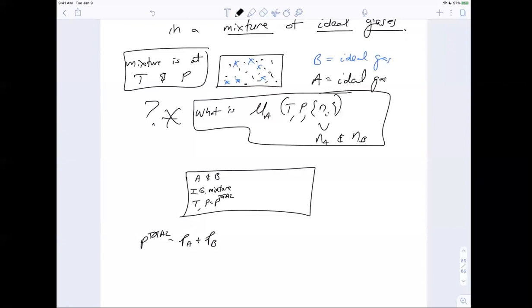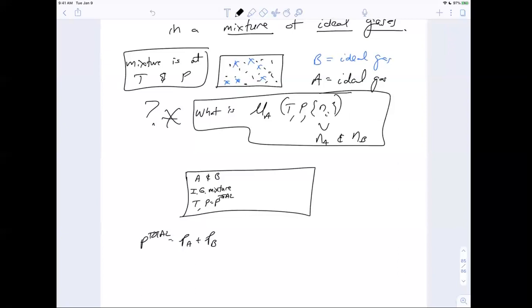So, if you think about pressure as collisions, the force imparted on a wall based on collisions, well, if you have two types of ideal gases, then the total force on average is the force that the A particles and the force that the B particles exert. Okay, so that's where we get this notion of P total is equal to P_A plus P_B for an ideal gas mixture.